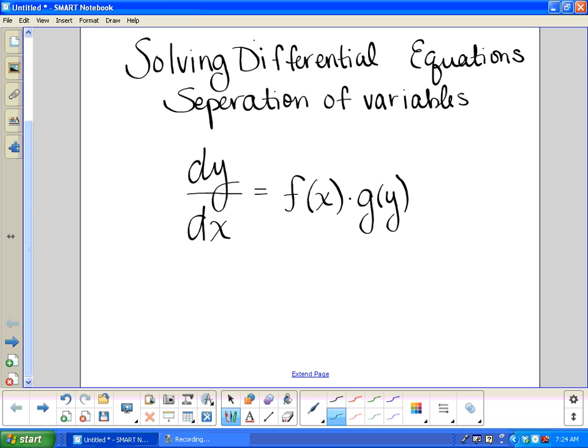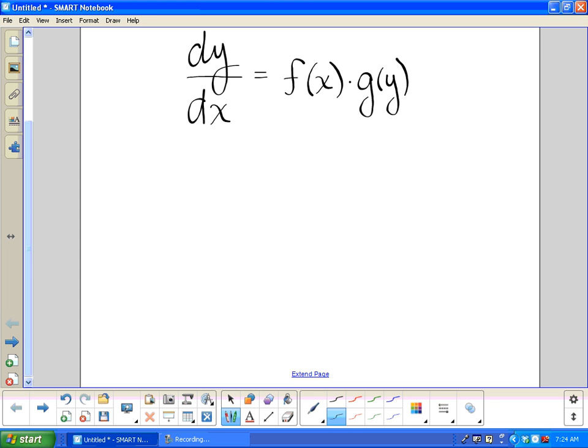So here's a couple hints. Sometimes the differential equation you're given is not written in terms of dy/dx. If it's written in terms of y prime, that would probably be one of the first things I would do, to switch it over.